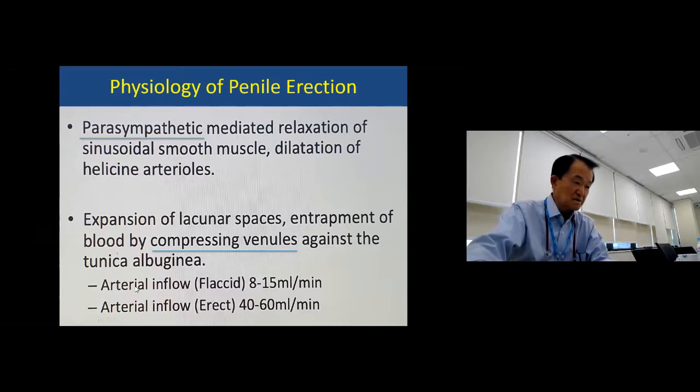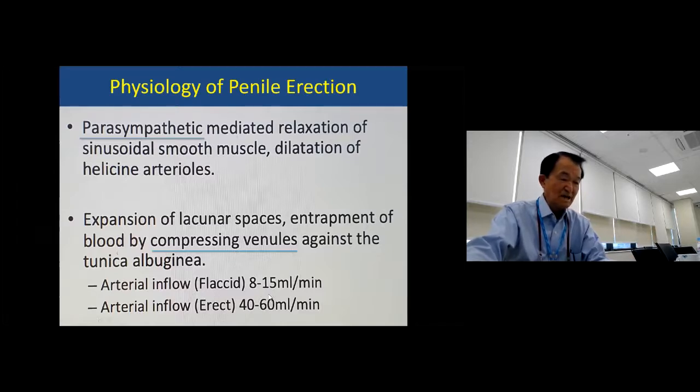So the arterial flow in erection is about 4 or 5 times more.